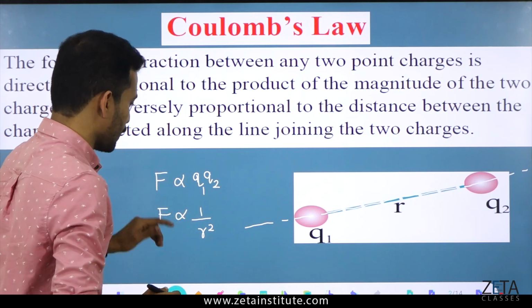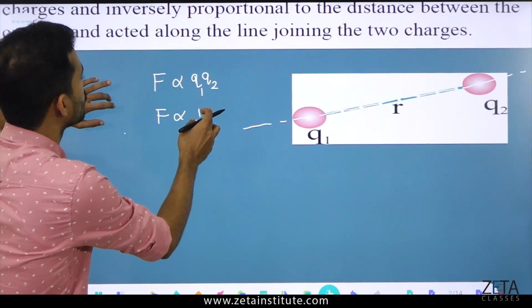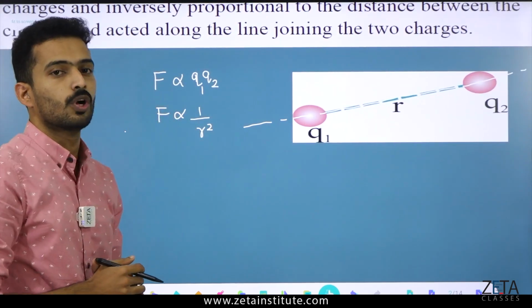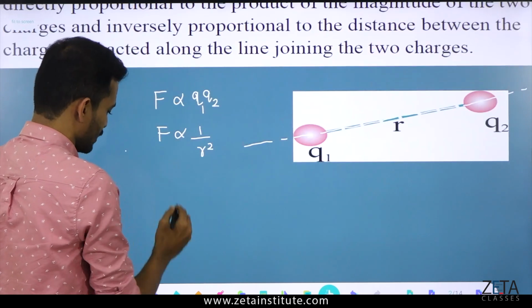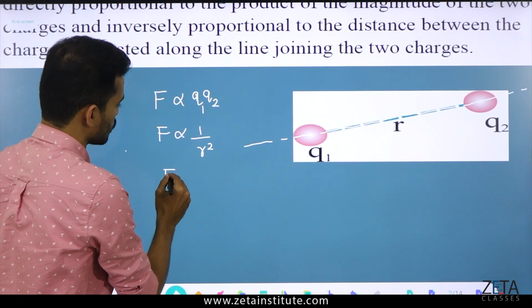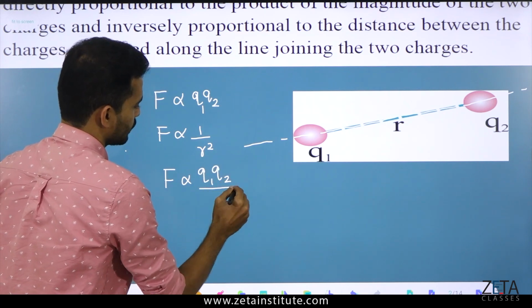Okay. So by combining these, we can write F is proportional to Q1 Q2, and F is proportional to 1 by R square. By combining these two, we can write F is proportional to Q1 Q2 divided by R square.